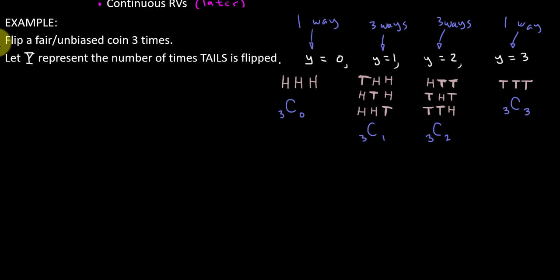Backtrack a little bit. Notice there are 3, 6, 7, 8. There's really 8 possible outcomes when you flip a coin 3 times. Let's discuss the probability of those 8 outcomes.